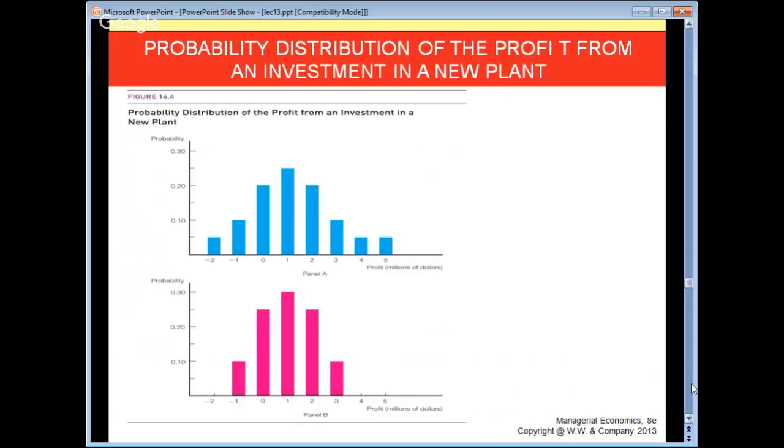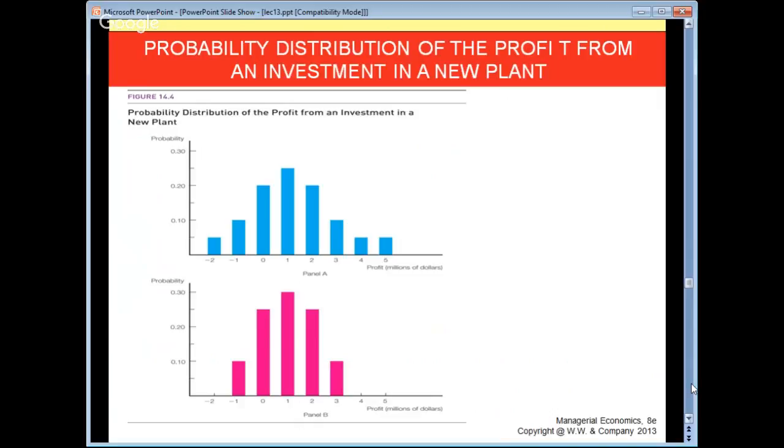Here we have this graph. There's a 10% chance of losing 1 million, a 25% chance of zero profit, a 30% chance of 1 million, 25% chance of 2 million, and a 10% chance of 3 million. Okay.